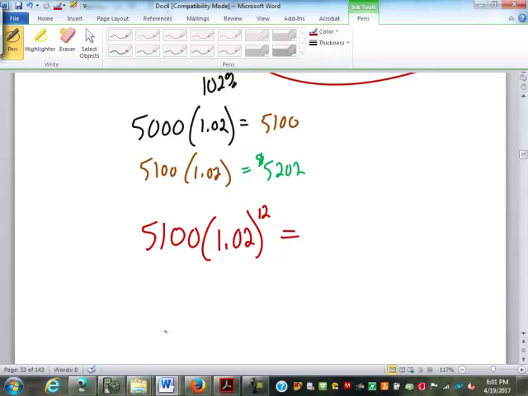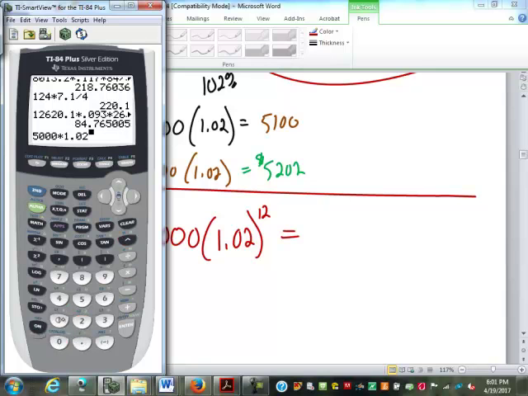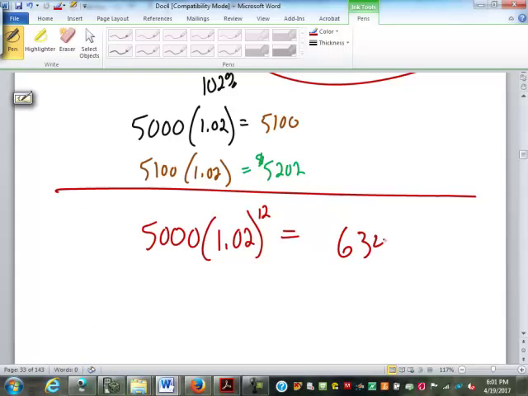I don't know why I put 51 there. This should just be 5,000. So instead of doing it period by period, I could start with the 5,000, multiply by 1.02 to the power of 12. That gives me $6,341.21.